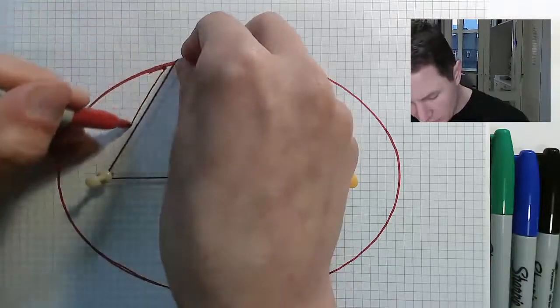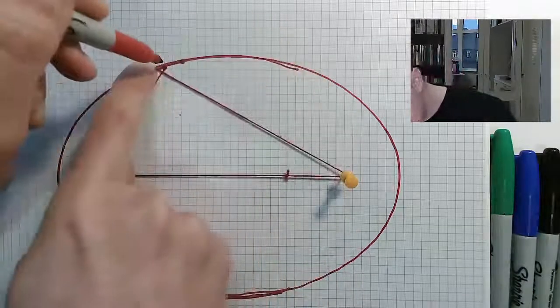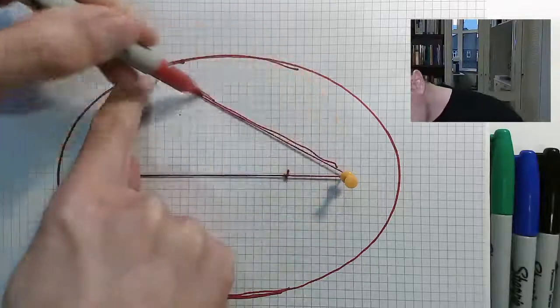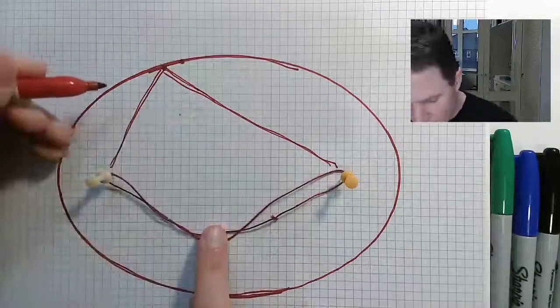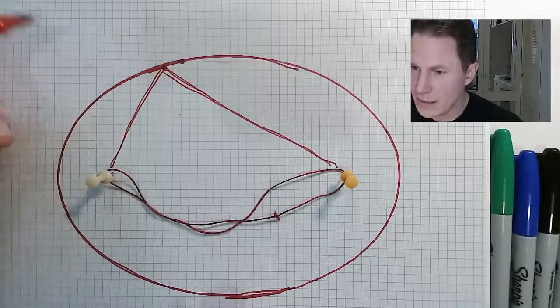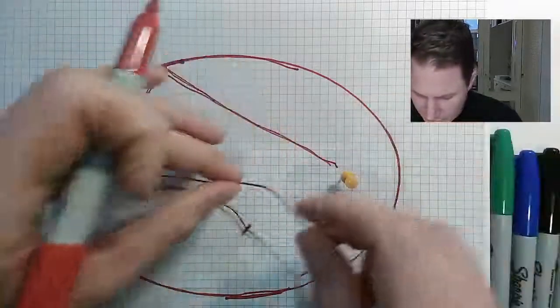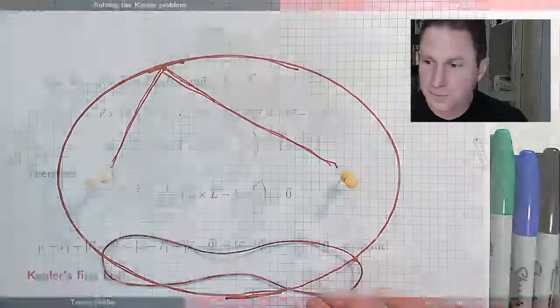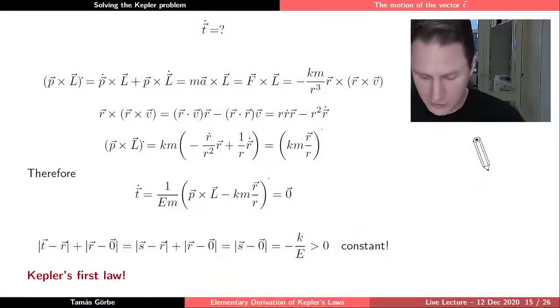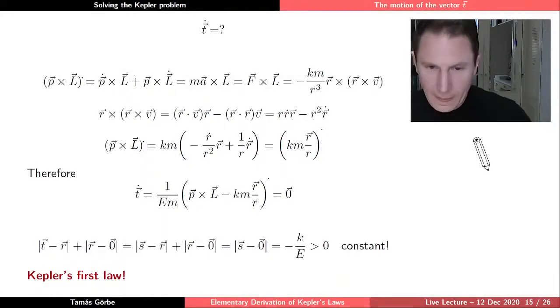So these two distances always sum to the same number. This is the definition of an ellipse, and this is how you can draw an ellipse using a piece of string and two pins.